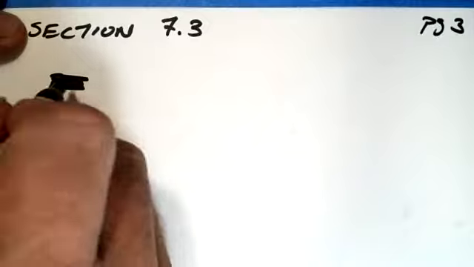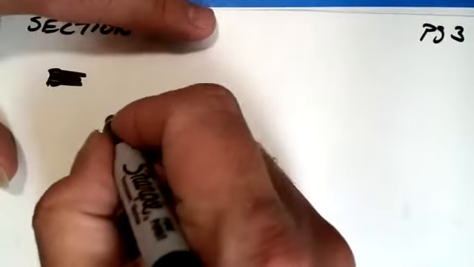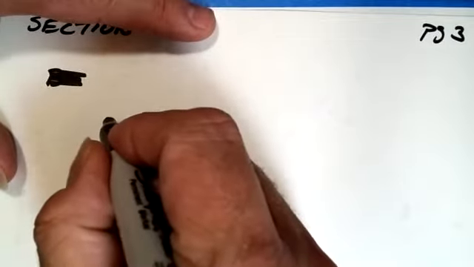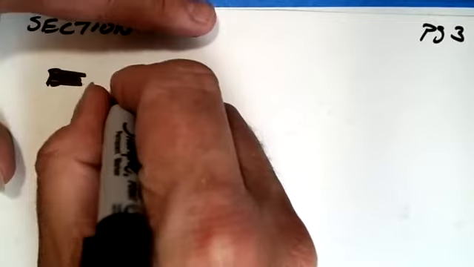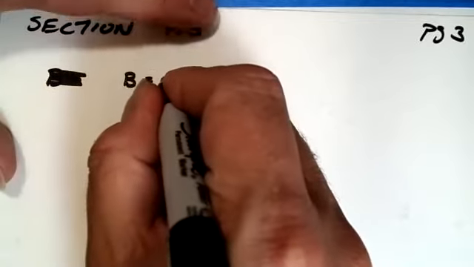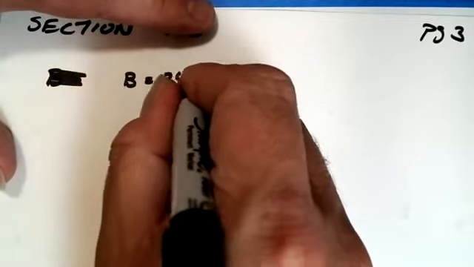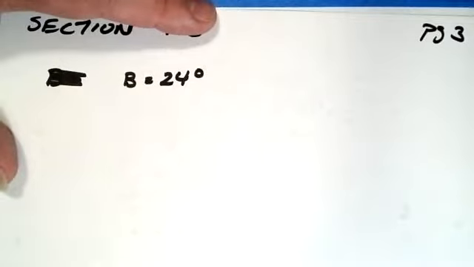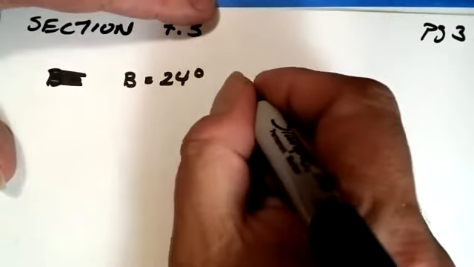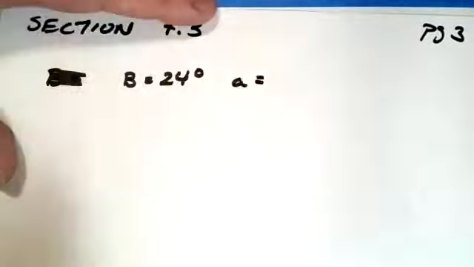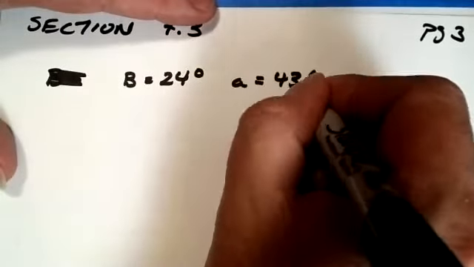I want to create one where we might create the ambiguous case if we do this incorrectly. So let me do angle B equal to 24 degrees and side A equal to 43, let's say, feet.